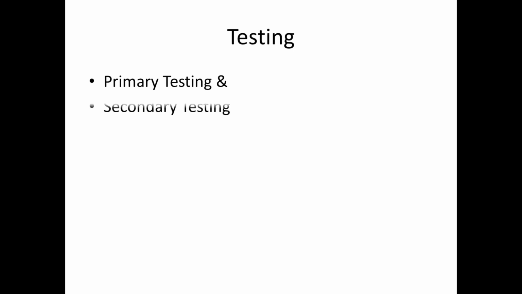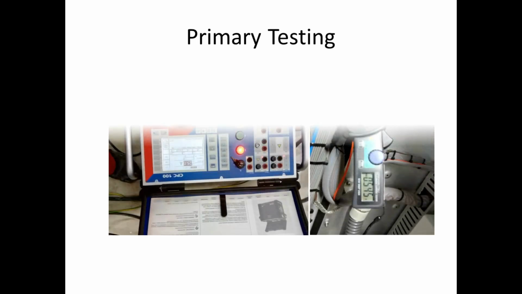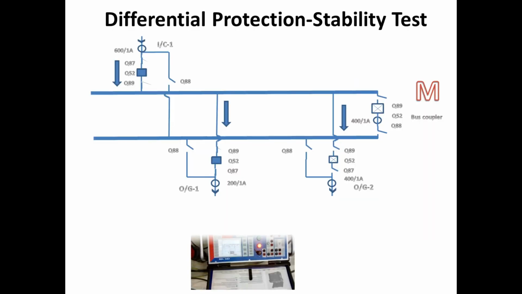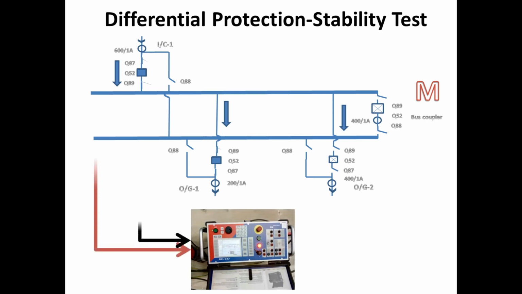We know that we have two types of testing, primary testing and secondary testing. First we go for primary testing. For busbar differential, primary testing is very easy because you close all breakers and isolators, so you get all feedback contacts to the relay and you inject directly. For checking zone 1, first I am going to inject over incomer 1 and outgoing 1.